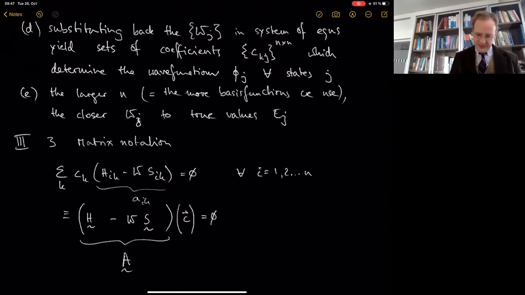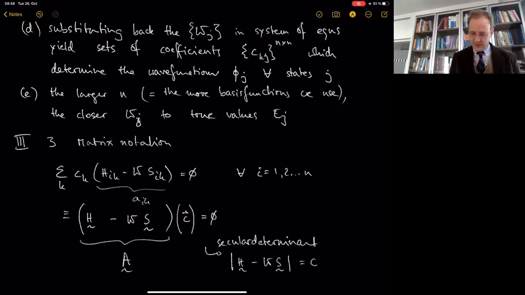And then the secular determinant just means H minus omega S equals 0.